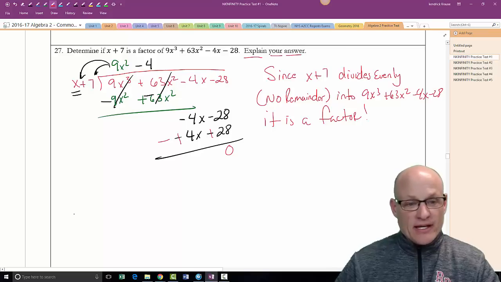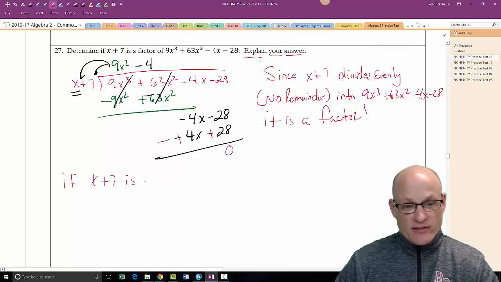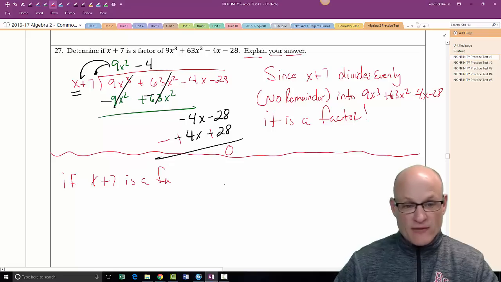The other way to solve this is to say this. If x plus 7 is a factor, this is method 2. That would have been perfectly fine, full credit.